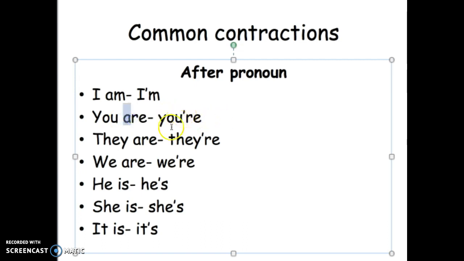They are, they're, the A is missing. We are, we're, we have the A missing. He is, he's, we're missing the I. She is, she's, missing the I. It is, it's, and we're missing the I here in is.